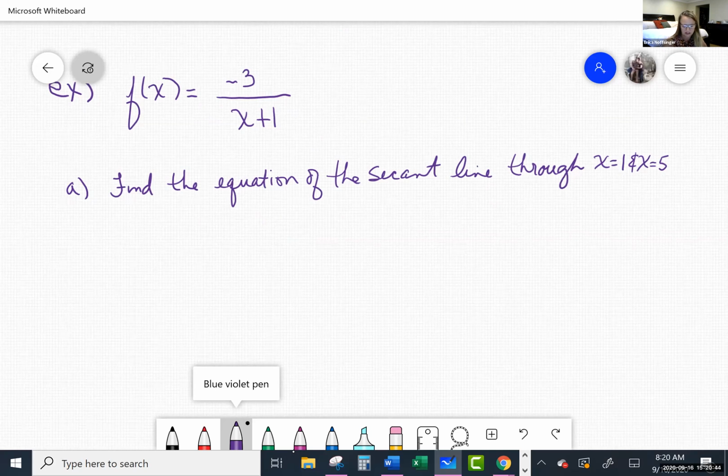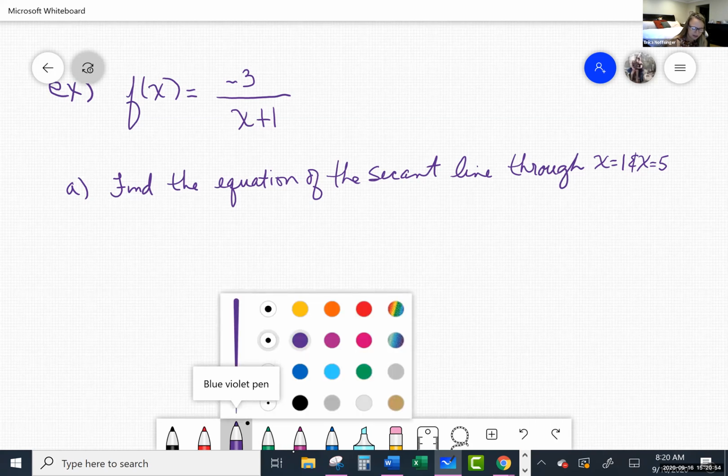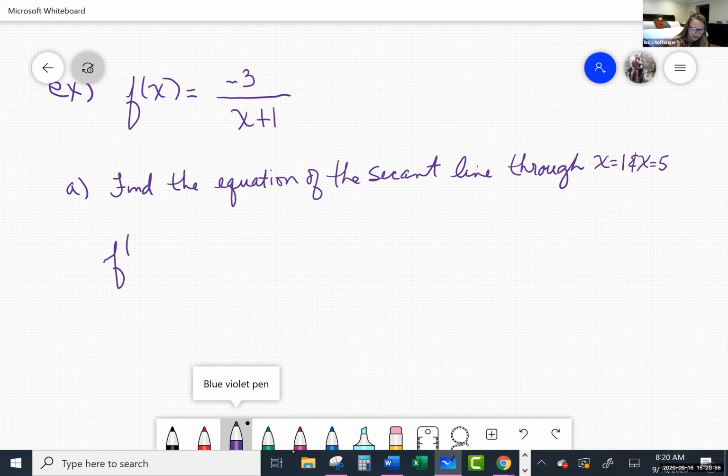Okay, so we need to look at points. We need to find our point when x is 1, and we need to find our point when x is 5. So when x equals 1, we're just going to go back in here and plug in 1 wherever we see an x in f of x. So this gives us -3 all over, I see an x here, so I'm going to replace it with 1 plus 1.